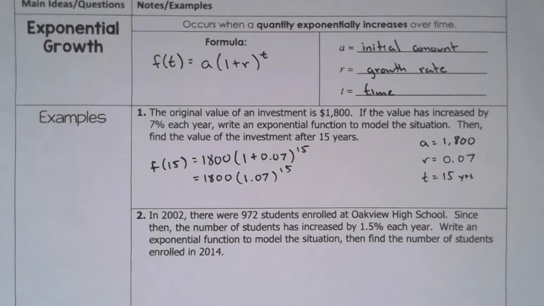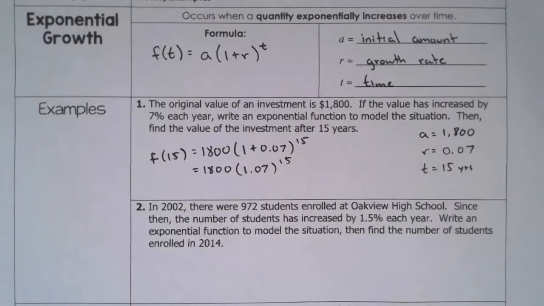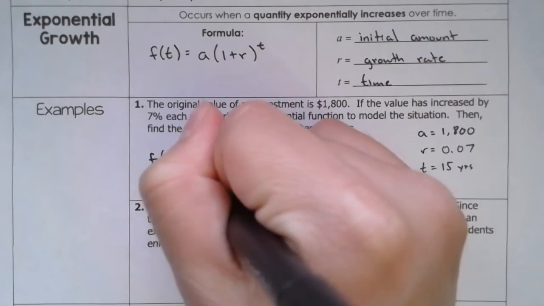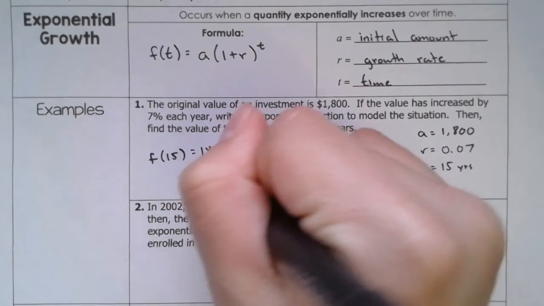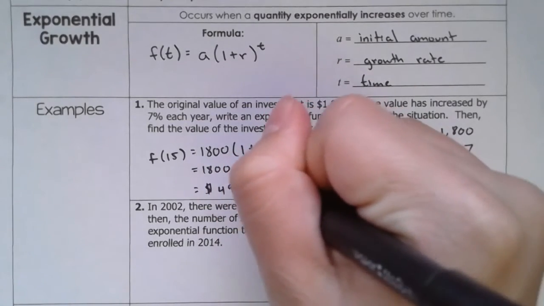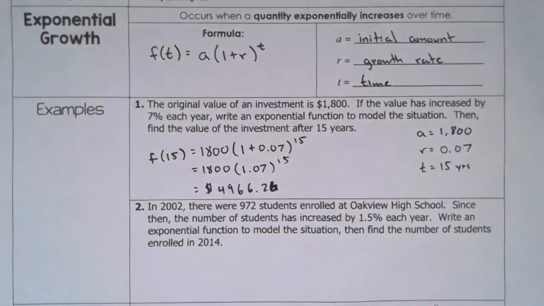When you use your calculator, you're gonna find that it's equal to 4966.26. Whoops, 0.26. And that's it. That would be your answer.